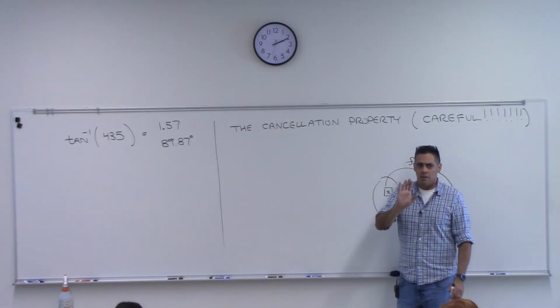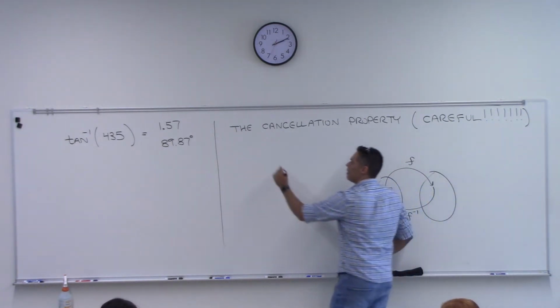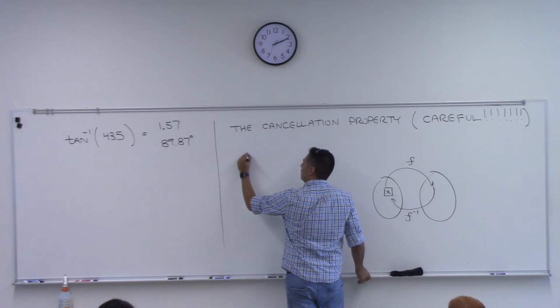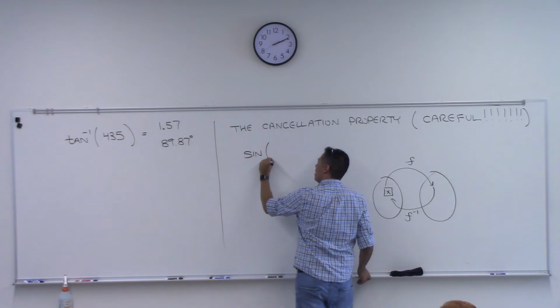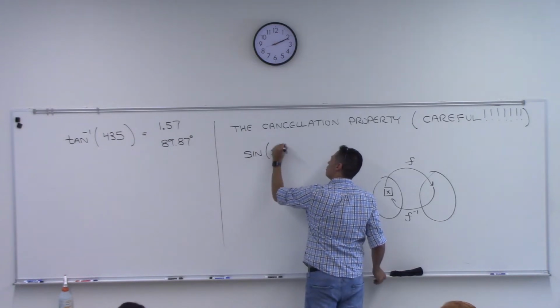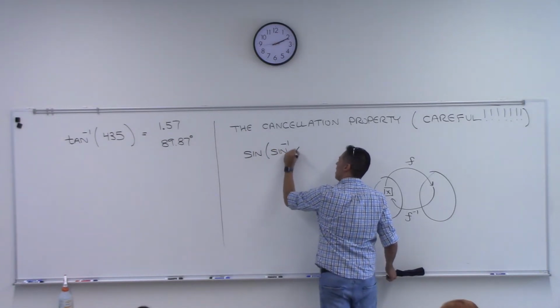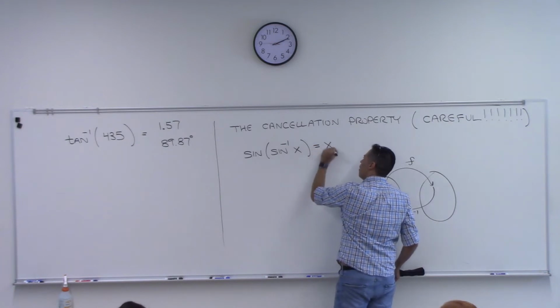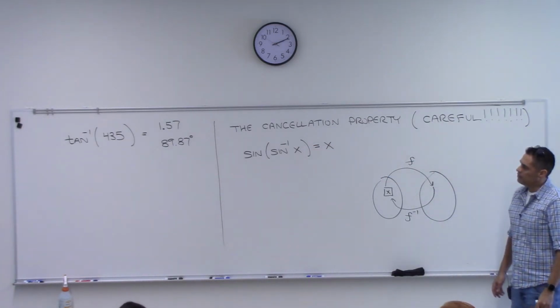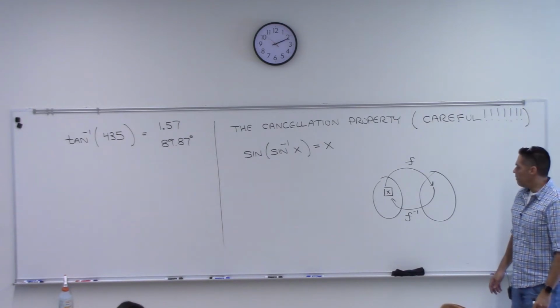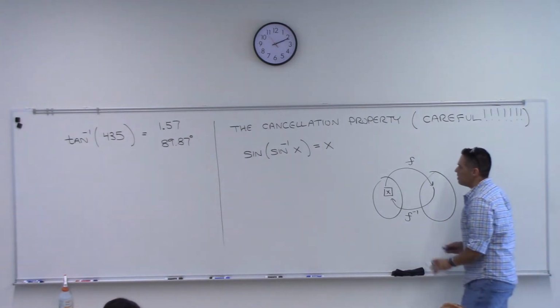So, do you think this is true? If I take sine, and inside of the sine I put the inverse function, and inside of that I put x, do y'all think that I'm going to wind up getting x? The picture of that looks like this.